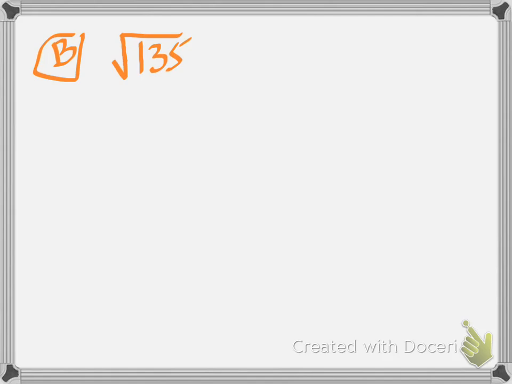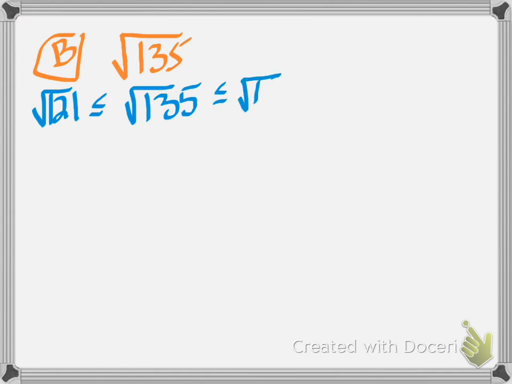Let's try another example. Example B, square root of 135. The square root of 10 is 100. The square root of 11 would be 121. And the square root of 12 would be 144.